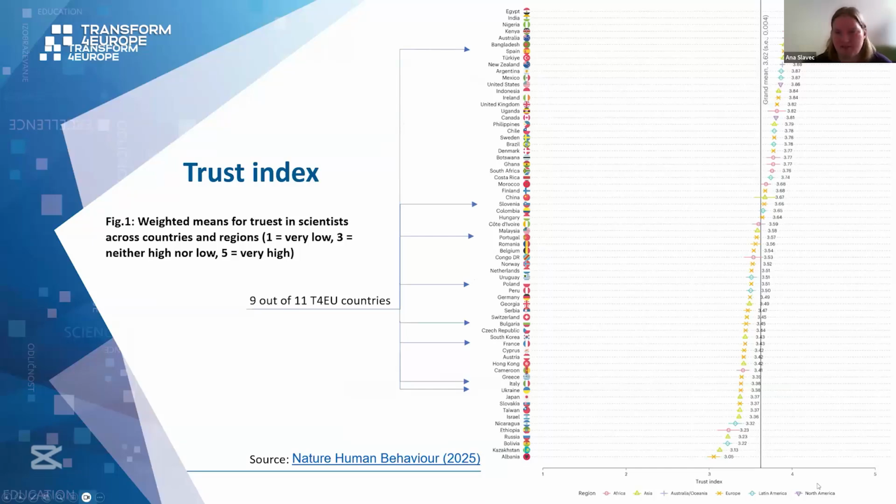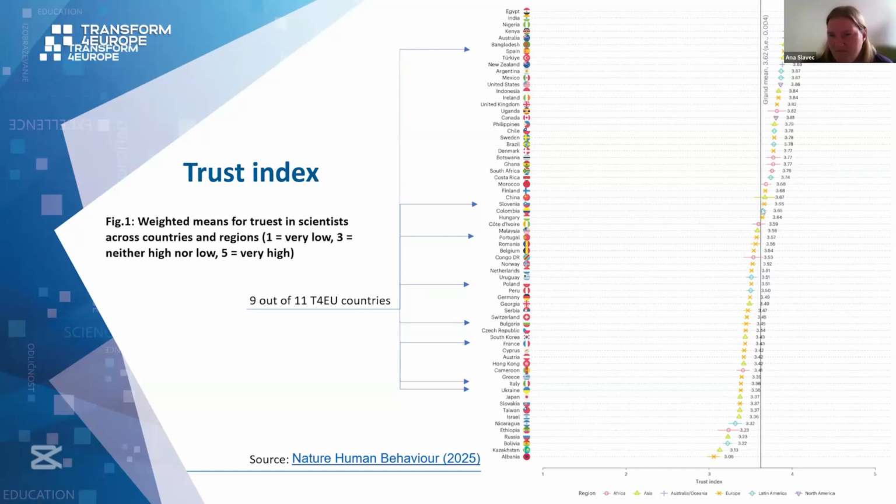So this is in this Nature Human Behaviour study. The arrows show which are the T4EU countries. Actually, here we have nine of them because we also have Ukraine, but we don't have Lithuania and Latvia. And we have these weighted means. This line is the median, and we see that Slovenia and Spain are above the median while others are below.